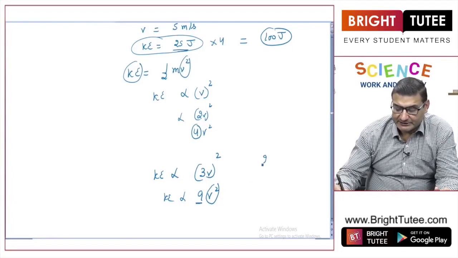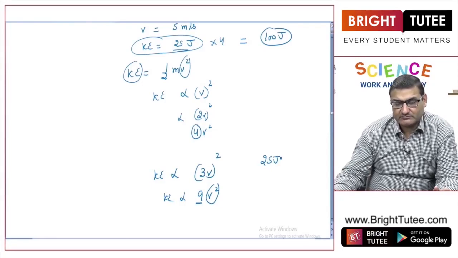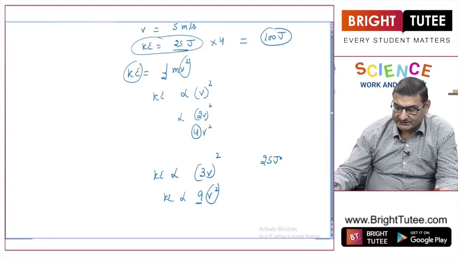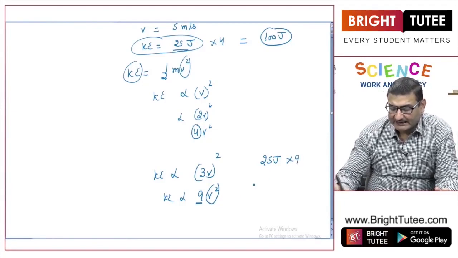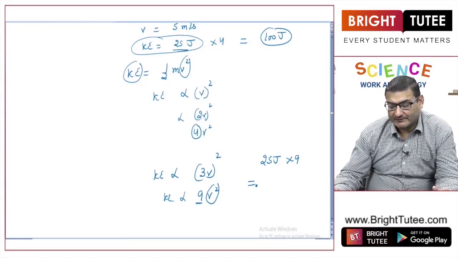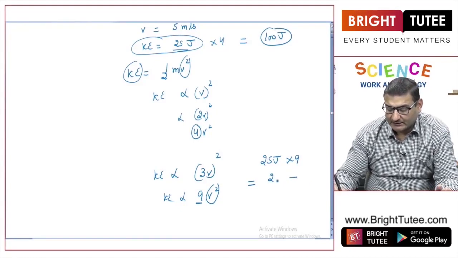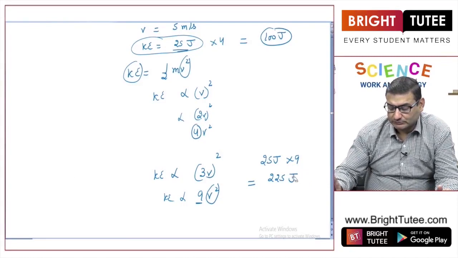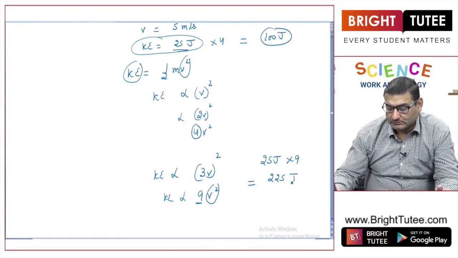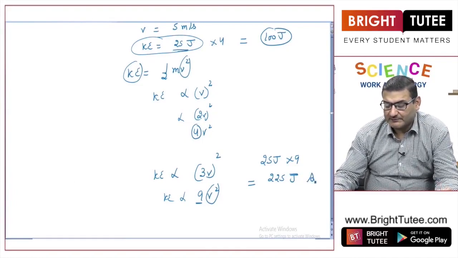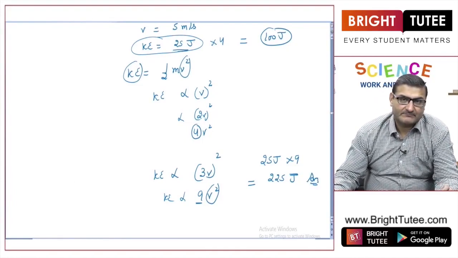And if initially the kinetic energy was 25 joule, now it will become 9 times. Multiplying it with 25 joules, I will get 225 joules. This will be my answer, right?